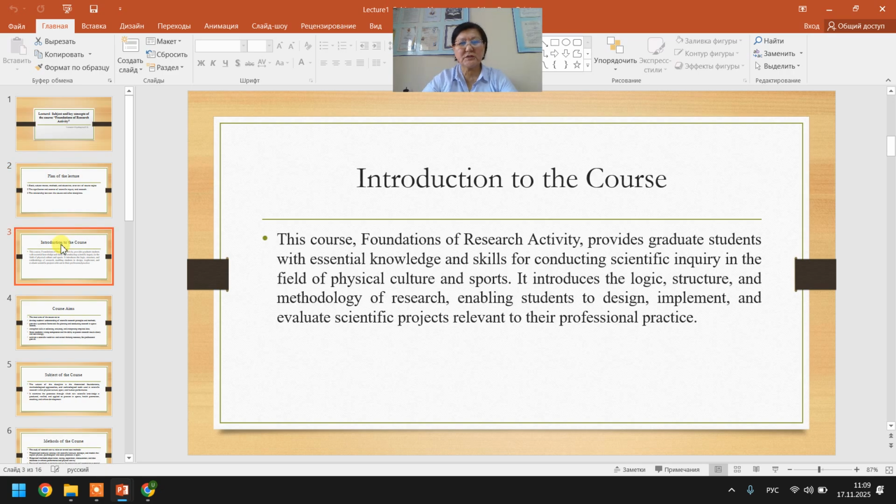As for the introduction to the course, we have to say that this course, Foundations of Research Activity, provides graduate students with essential knowledge and skills for conducting scientific inquiry in the field of physical culture and sports. It introduces the logic, structure, and methodology of research, enabling students to design, implement, and evaluate scientific projects relevant to their professional practice.